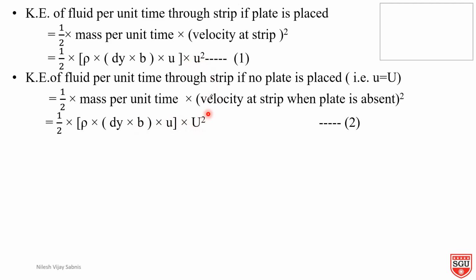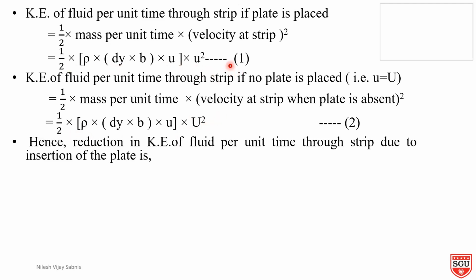Now see the difference. Instead of small u, capital U will be there, but this u remains the same small u, because we have to maintain the same mass. This mass and this mass will be the same. Mass remains the same, only velocity is changing, and this kinetic energy will be more compared to this kinetic energy.